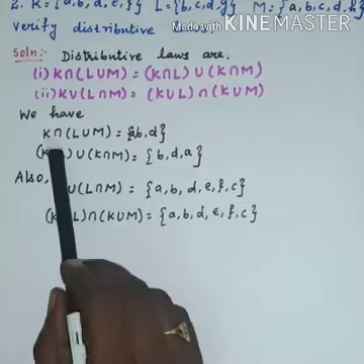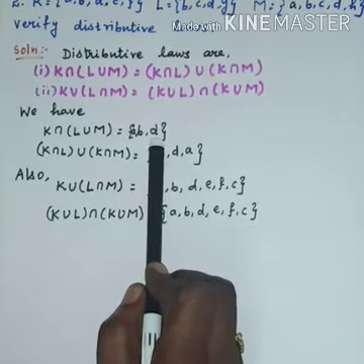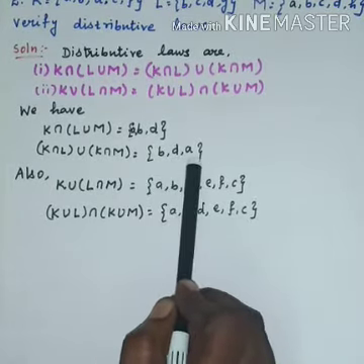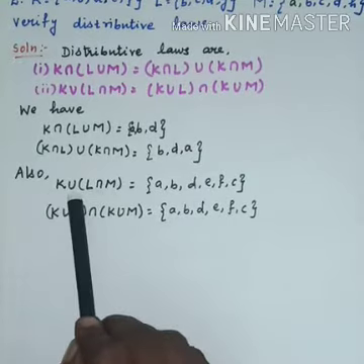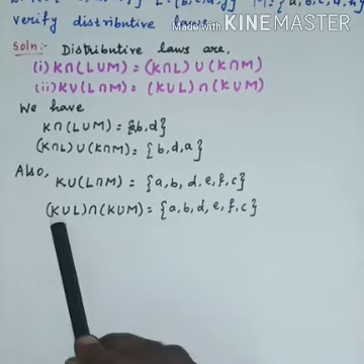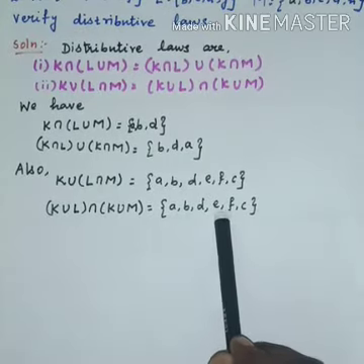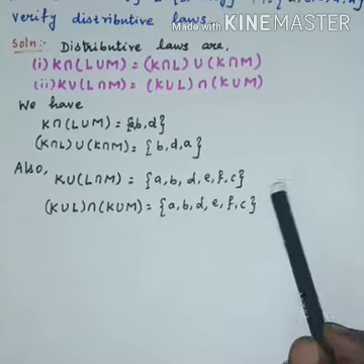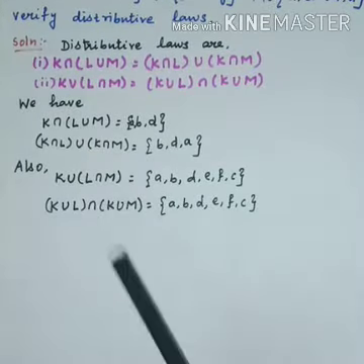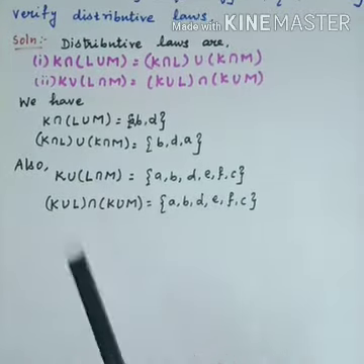In those 4 subdivisions we have the elements for K intersection (L union M) is equal to A, B, D. And then (K intersection L) union (K intersection M) is equal to B, D, A. Also K union (L intersection M) is equal to A, B, D, E, F, C. And then (K union L) intersection (K union M) is equal to A, B, D, E, F, C. So these are the values for these sets.